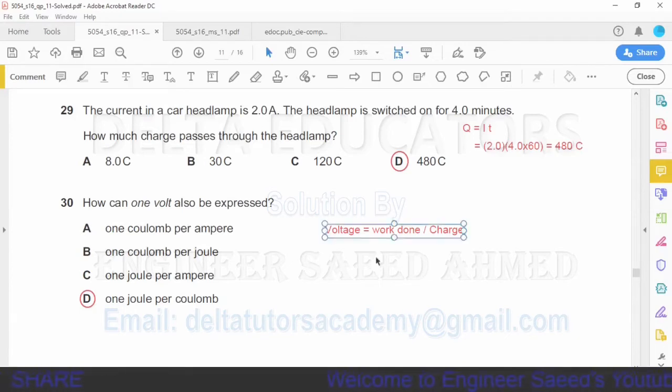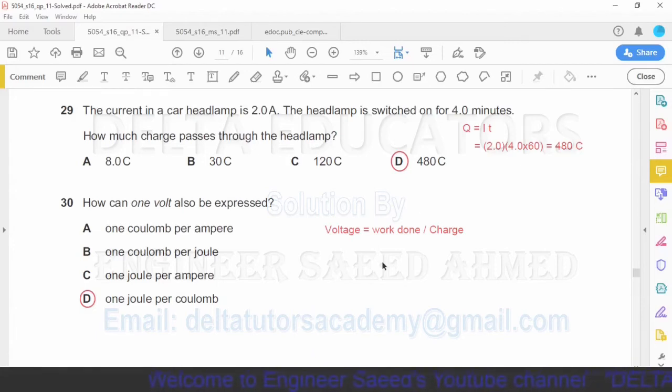Question number 30. How can 1 volt also be expressed? Option A 1 coulomb per ampere, option B 1 coulomb per joule, option C 1 joule per ampere, option D 1 joule per coulomb. Option D is the correct one, because voltage or EMF is defined as the amount of work done to carry a unit positive charge against the electrical field.